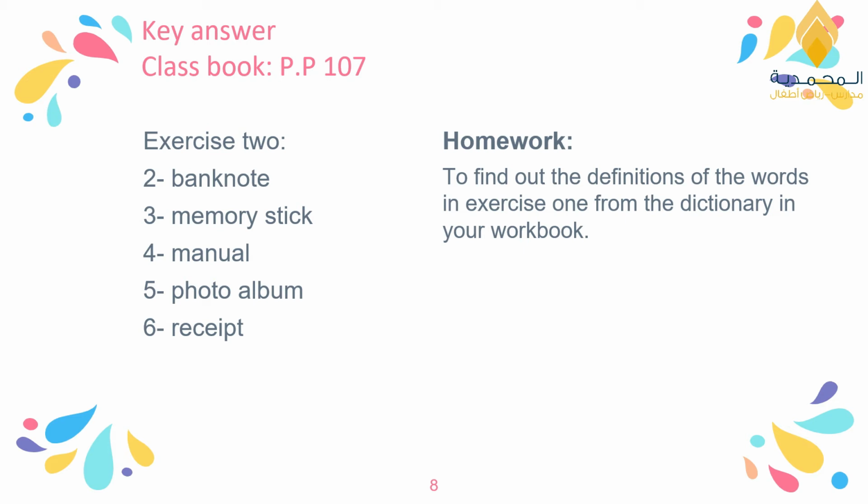A manual tells you how to use a new machine. 5. You can keep your favorite photos in a photo album. 6. When you buy something from a shop, you get a receipt. So here are the answers of exercise number 2.